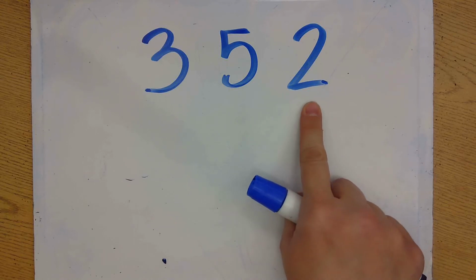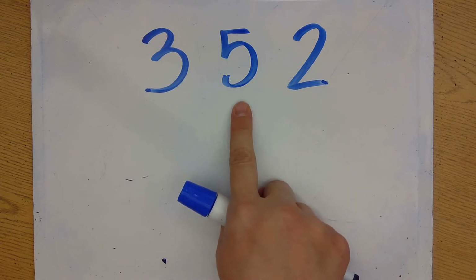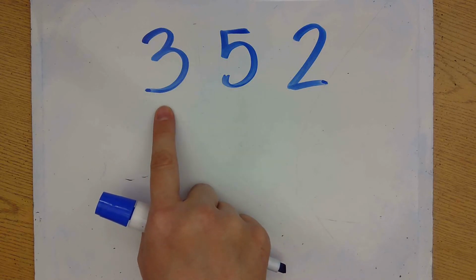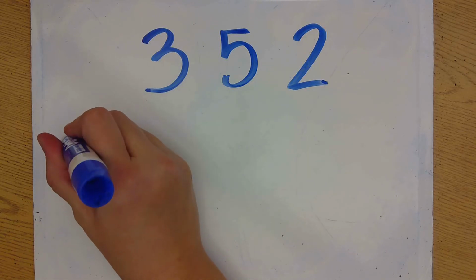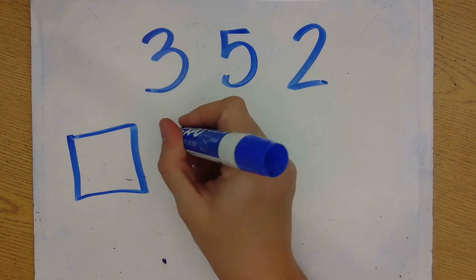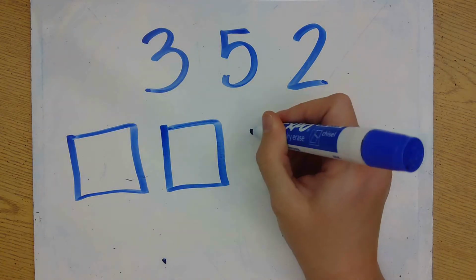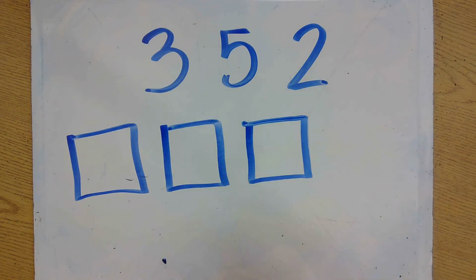I'm going to use cubes for the number in the ones place. I'm going to use longs for the number in the tens place, and I'm going to use flats for the number in the hundreds place. So go ahead and draw this with me. If there is a 3 in the hundreds place, then we need 3 flats. Go ahead and draw 3 big squares.